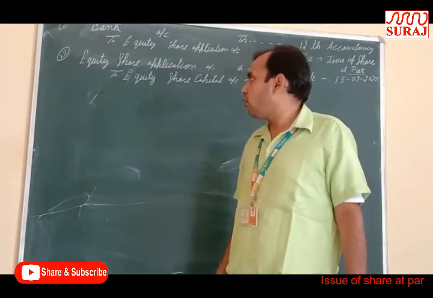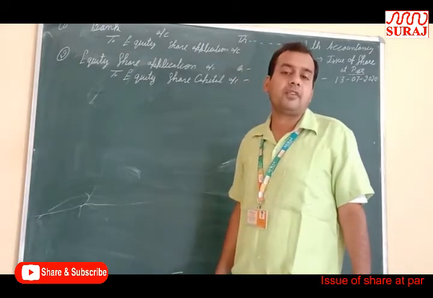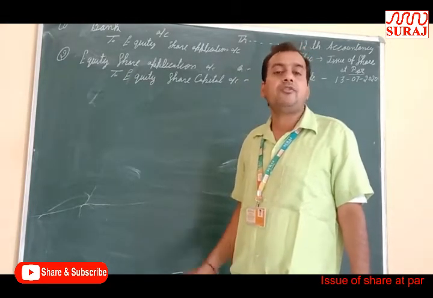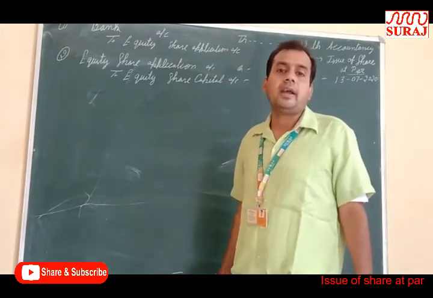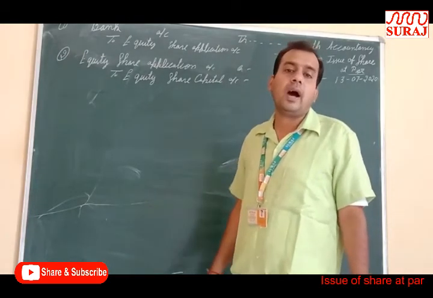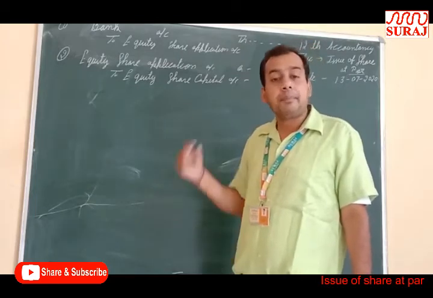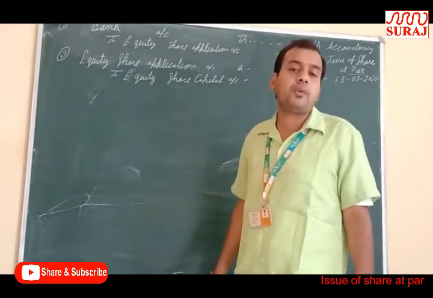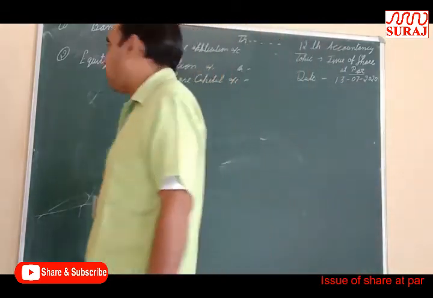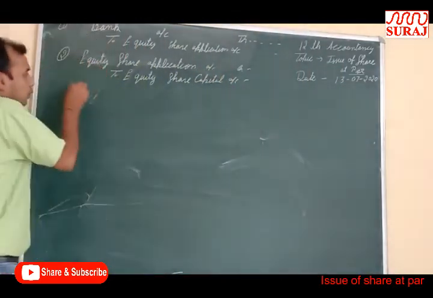Dear students, now after application money is transferred to share capital, the company informs the shareholders about the share allotment and calls for the allotment money. The company tries to allot shares quickly and informs the shareholders, and along with the information, allotment money is due.